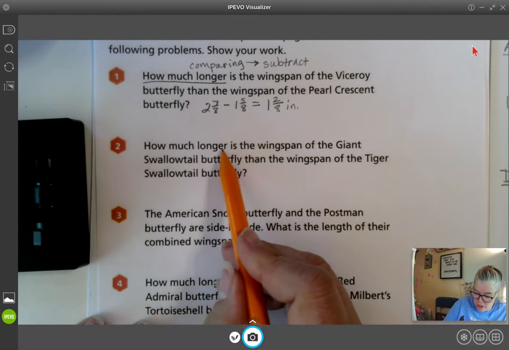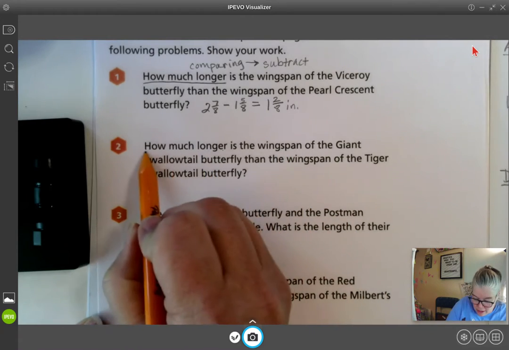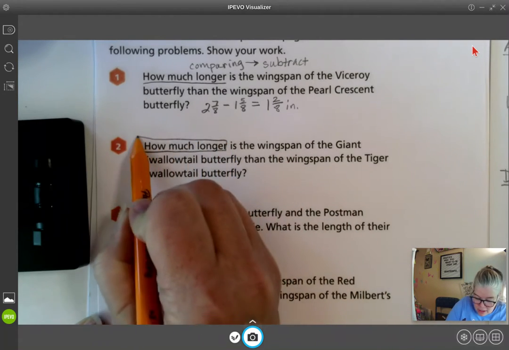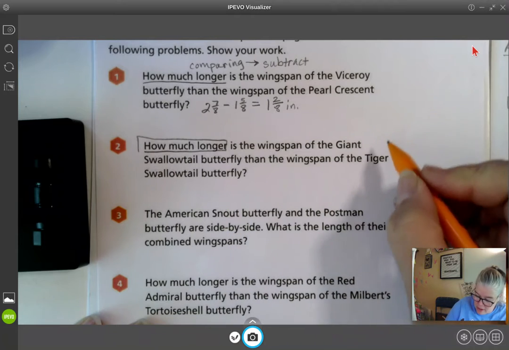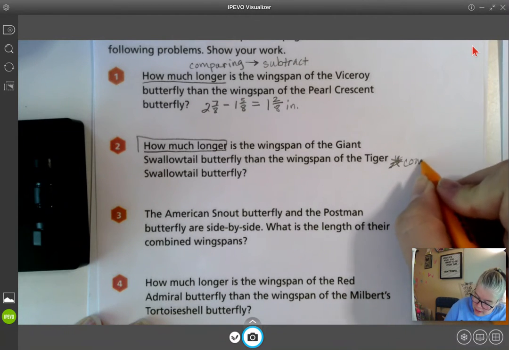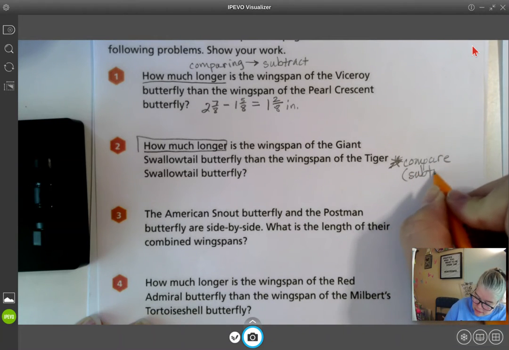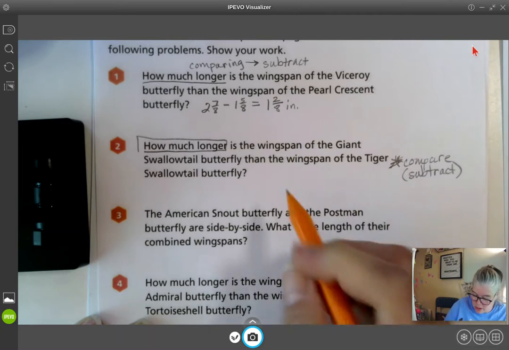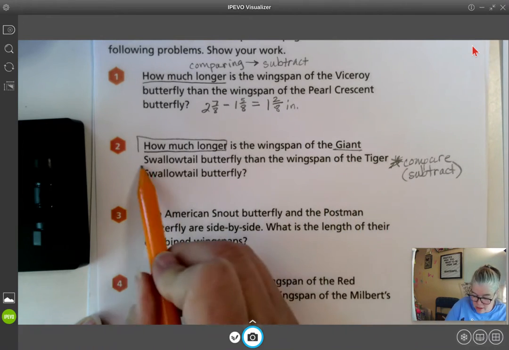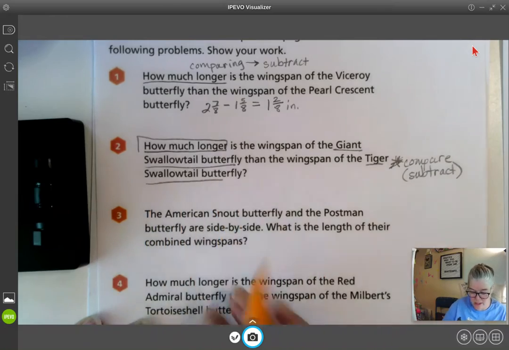It says, how much longer? I see that I'm comparing again. When I see that how much longer, that tells me I'm comparing. So I already know that with this problem, I want to compare, which means I'm going to subtract. I need to find the difference. How much longer is the wingspan of the giant swallowtail butterfly than the wingspan of the tiger swallowtail?